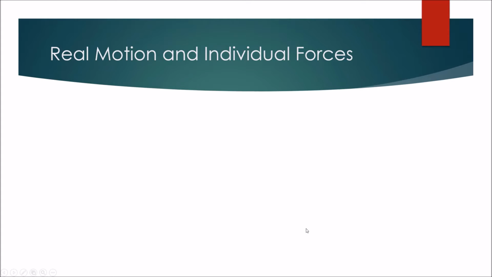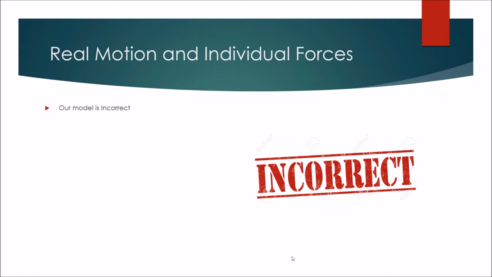To understand the difference, we have to talk about real motion and individual forces. Our model is incorrect in that while it does describe an object moving at perfectly constant velocity, it does not truly describe our experimental observations or the object's real motion. This is because it doesn't take into account individual forces acting upon the ball that cause F net to be a value other than 0 at different time intervals.